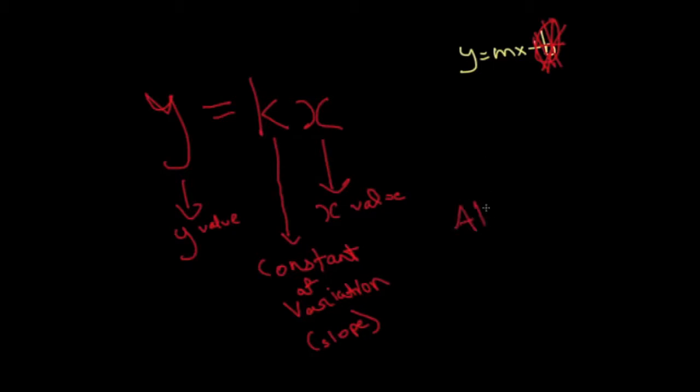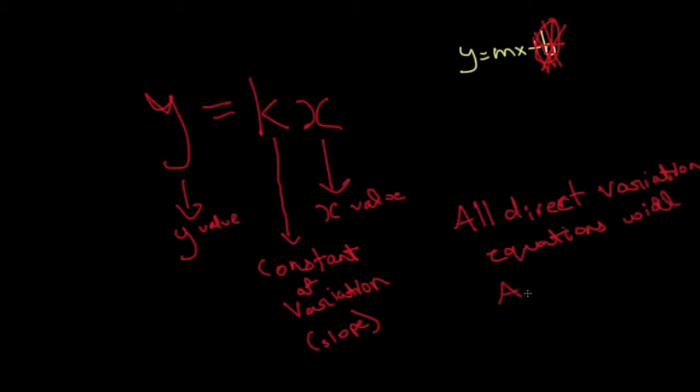All direct variation equations will always go through this point, 0, 0.